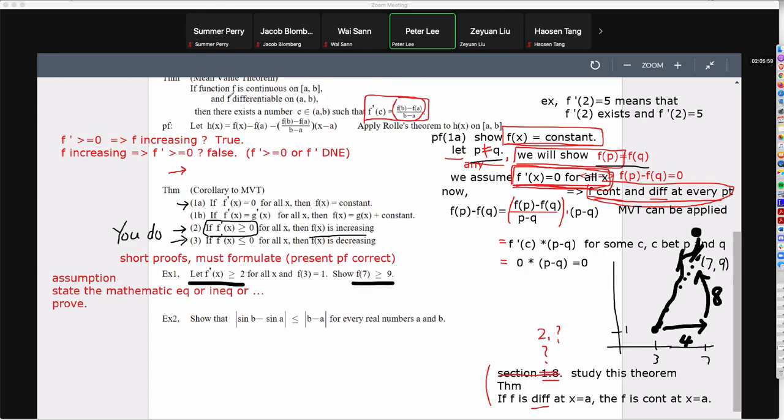Okay, now here's the proof. I'm going to show you how this looks. We'll show f of 7.